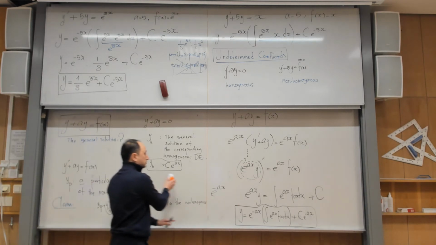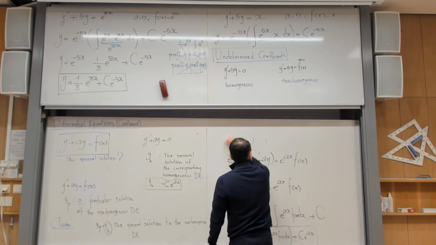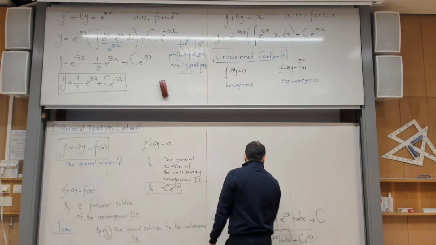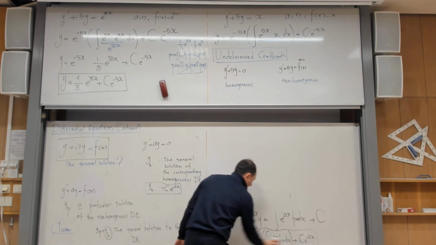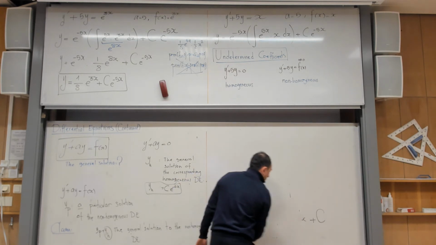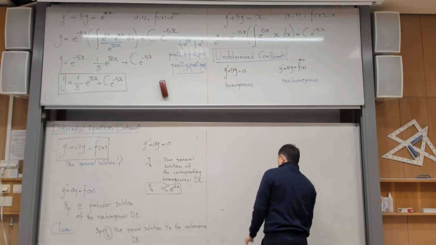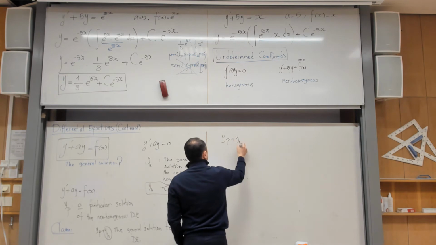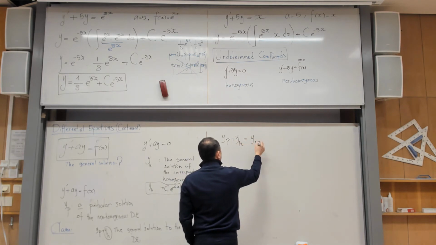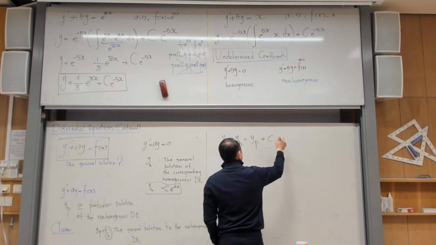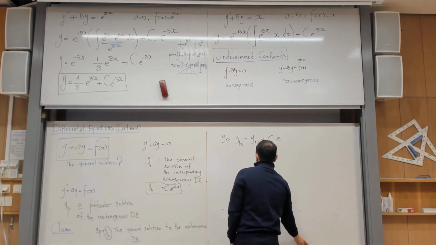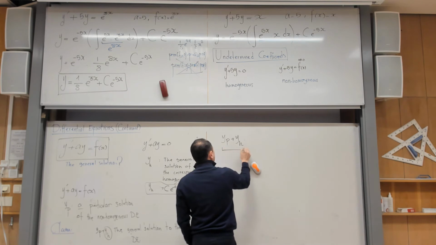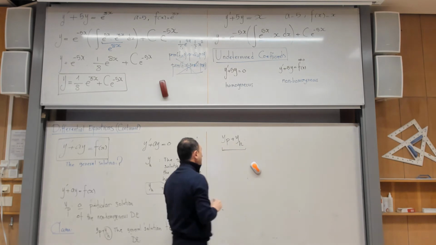So what I do, I will write yp plus yh is equal to yp plus c e to the power of, just let me keep it like this. And if I ask you how many free parameters are involved in this sum, can you tell me how many?